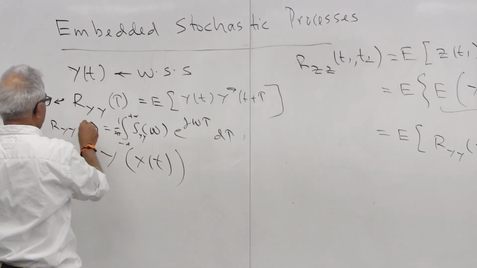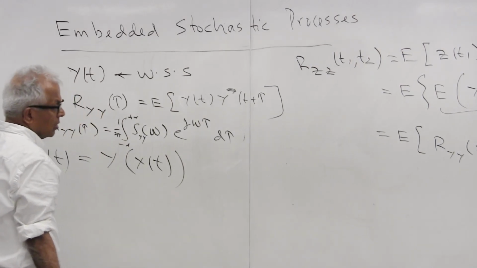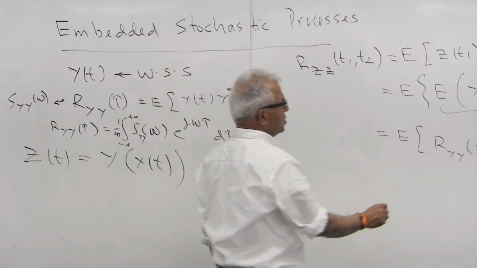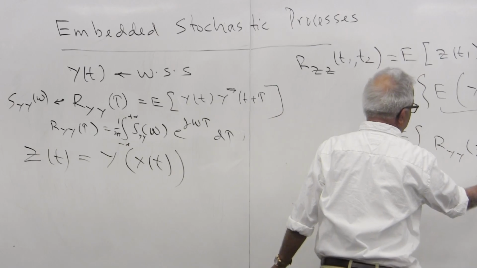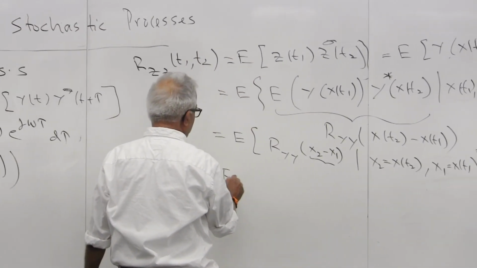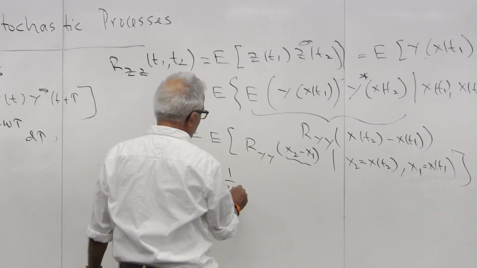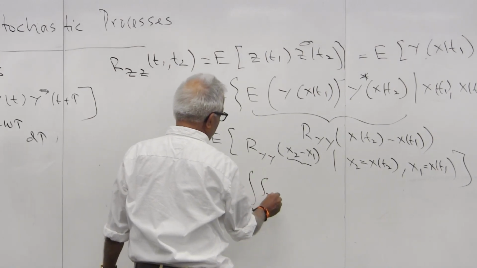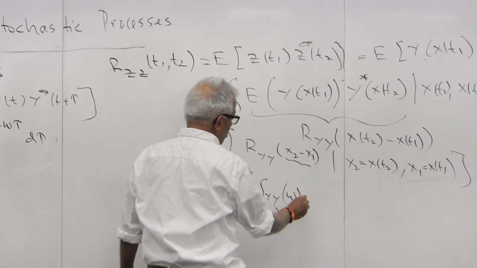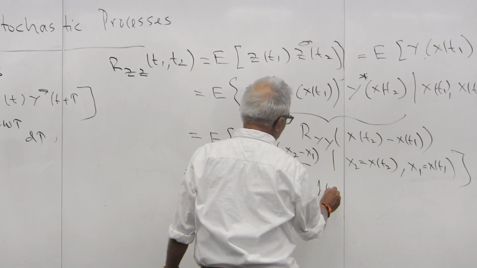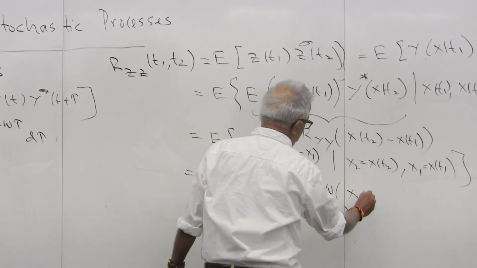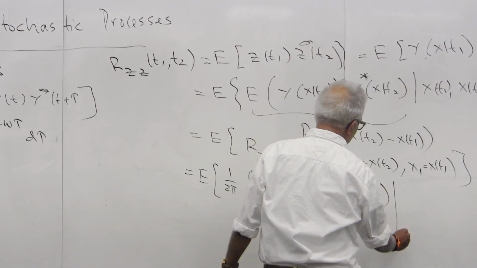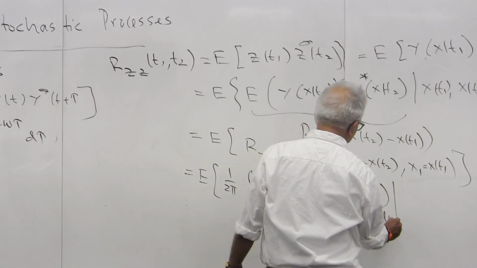So I can use that integral to rewrite this expression as 1 over 2 pi integral of S_YY of omega times e to the power j omega (x2 minus x1) d omega.